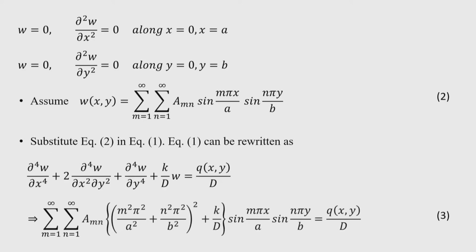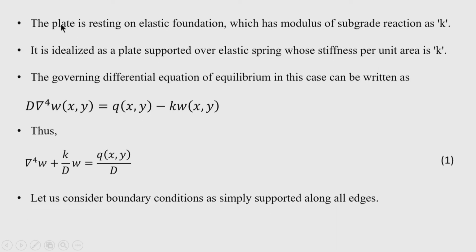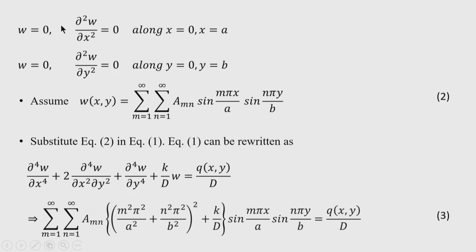Now, let us see the boundary condition in our case, which is simply supported. We will see that the curvature along the x direction is 0 at x equal to 0 and x equal to a, and deflection is 0 of course, because it is supported. Here again at y equal to 0 and y equal to b, deflection is 0 and curvature in the y direction is 0, because it is supported along the y direction.